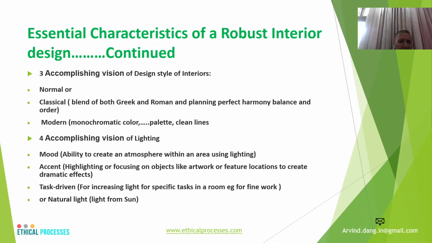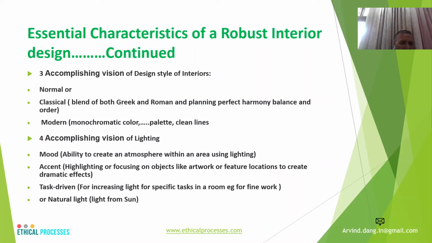The fourth is how to accomplish the vision, particularly in the context of the lighting. The lighting's broad aspects are the mood, the accent, and the type of lighting for the task related areas. For the mood, interior design should be such that it is able to create an atmosphere within the areas using lighting.